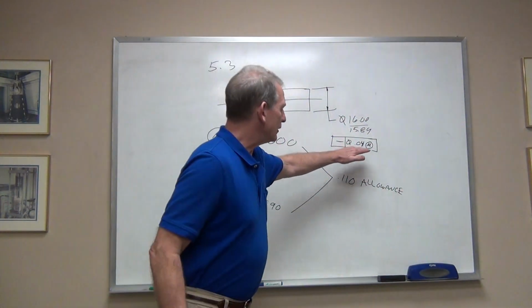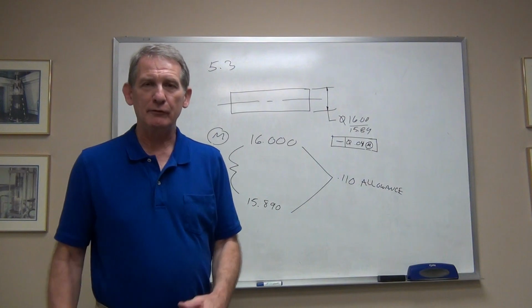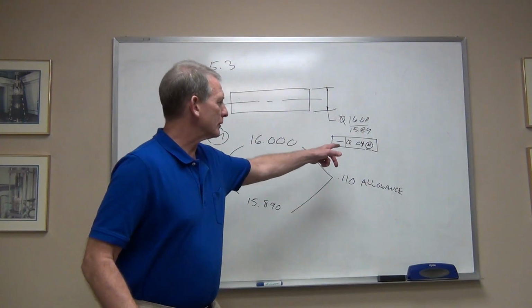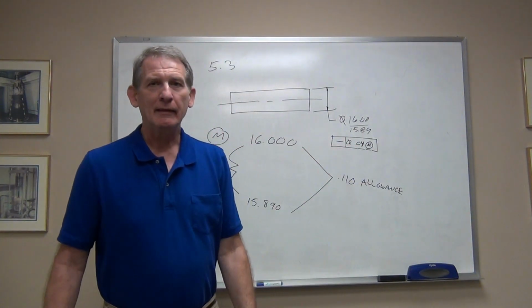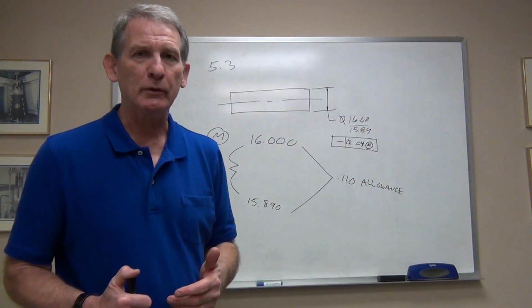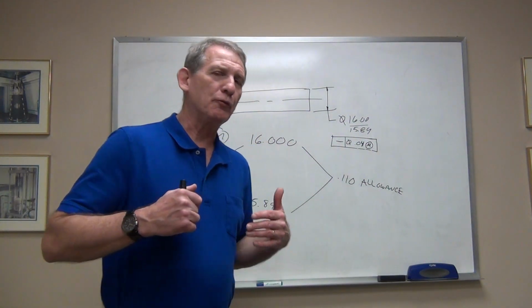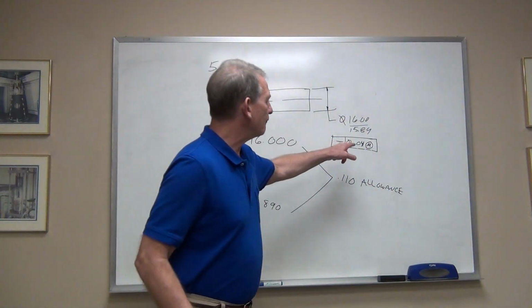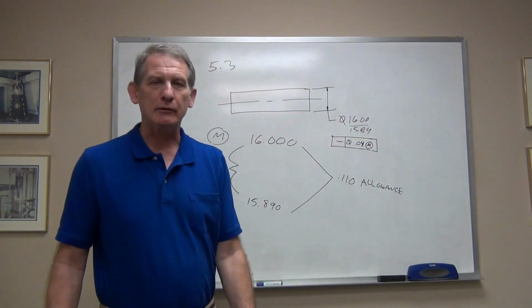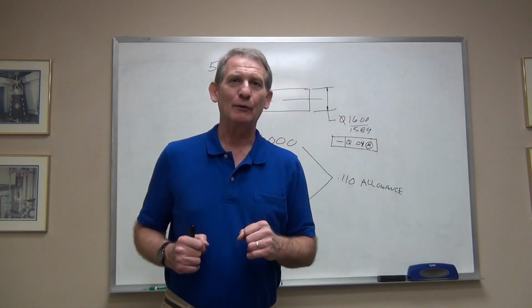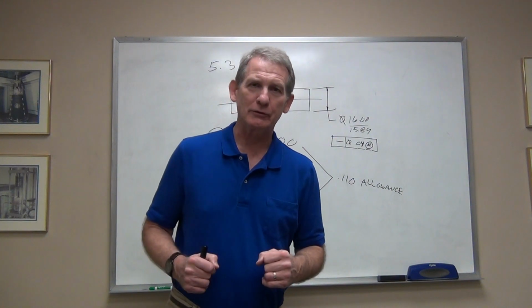When you have a material condition modifier in the feature control frame adjacent to the tolerance zone size, that means that tolerance zone is 40 thousandths when the feature is at maximum material condition, and only when the feature is at maximum material condition.